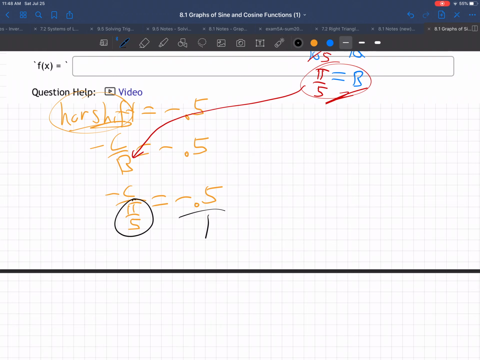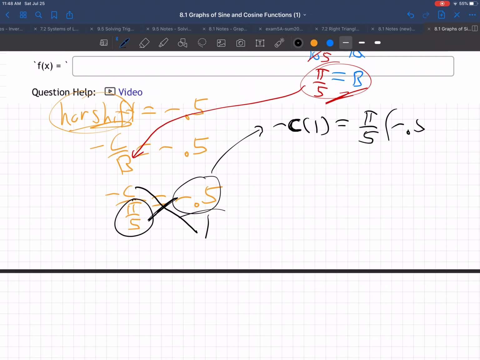The denominators, and these guys multiply, and then these guys multiply. That's what we mean by cross multiply. So then we get negative c times 1, and pi over 5 times negative 0.5.